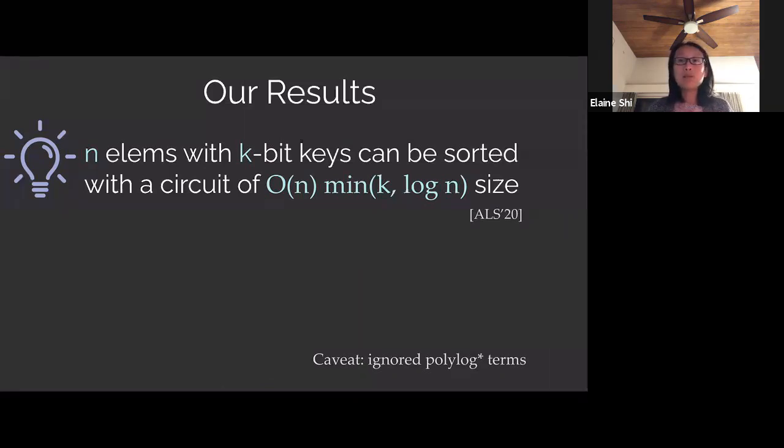So if, for example, k is asymptotically smaller than log n, we can actually defeat the AKS sorting network. Our result can also be viewed as a generalization of the AKS sorting circuit. Note that I'm ignoring polylog star terms in the bound.